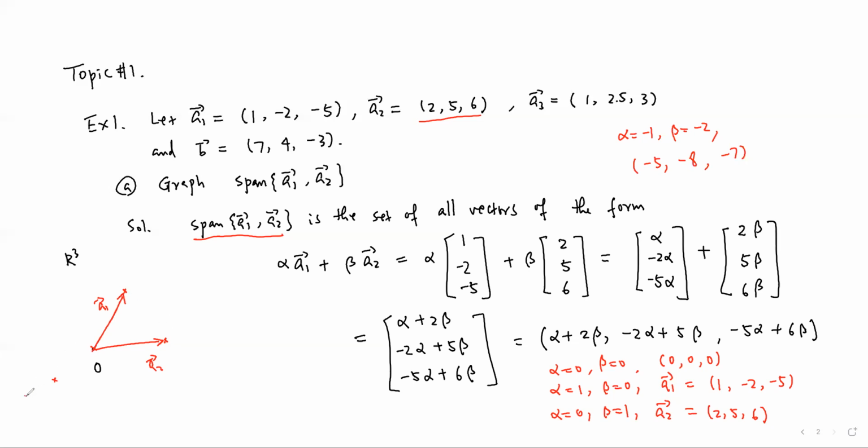All the points together is a plane in R3. So these two vectors, A1, A2, span a plane in R3. The graph of this set is a plane. Now, this is question A.